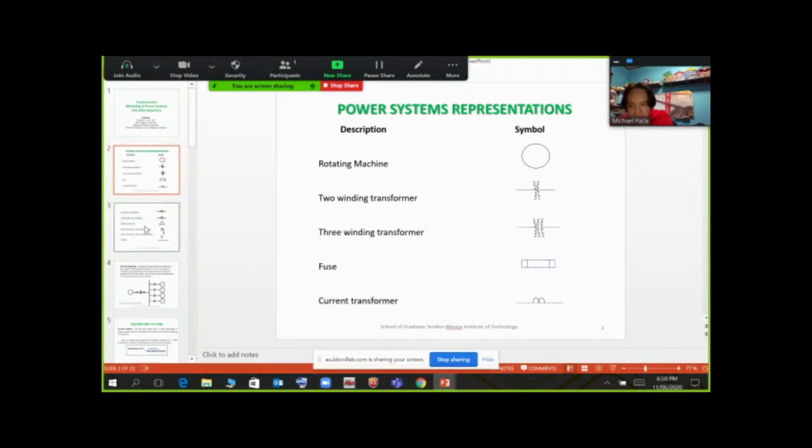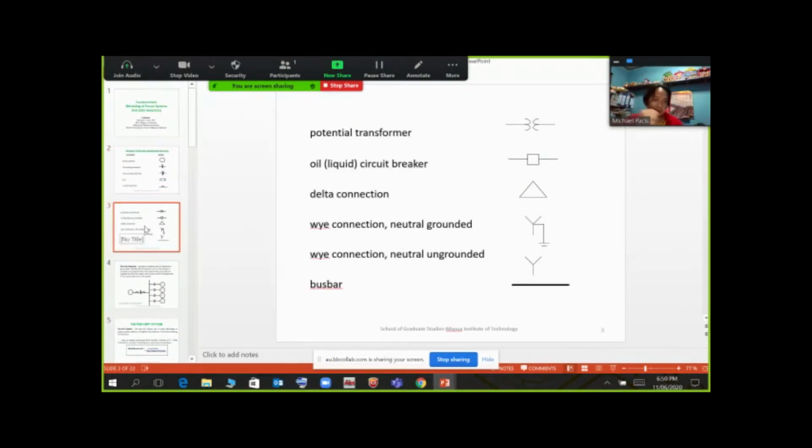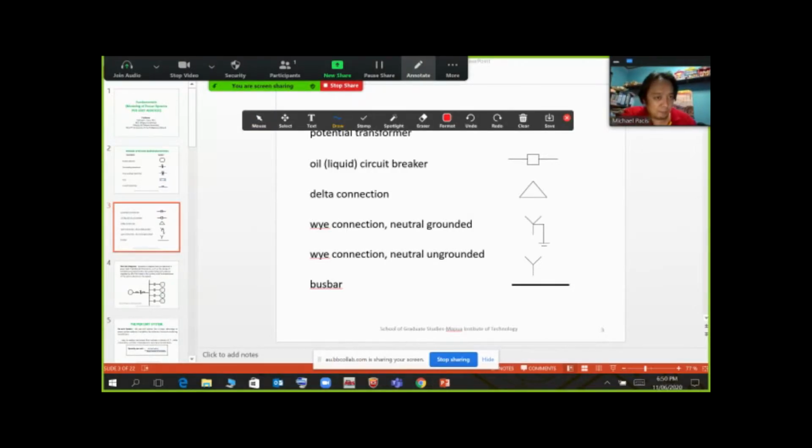Okay, the next slide here pertains to the other types of symbols and the corresponding description. Okay, we have already discussed a potential transformer, and then we have the oil circuit breaker. Okay, the oil circuit breaker is a type of breaker that uses oil as its insulator. Okay, it has some properties or characteristics.